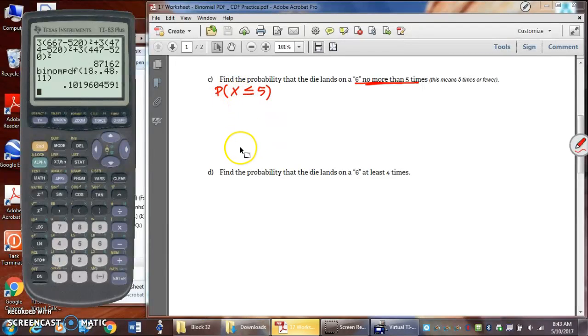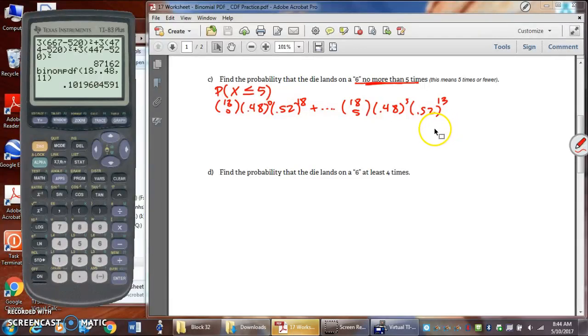But this time I would have to do 18 choose 0, 0.48 to the 0, 0.52 to the 18th, all the way up to 18 choose 5, 0.48 to the 5, 0.52 to the 13. And I would have to do that individually. Even if I wanted to use binompdf, I would have to do that individually for 0, 1, 2, 3, 4, and 5, and then add them all together.